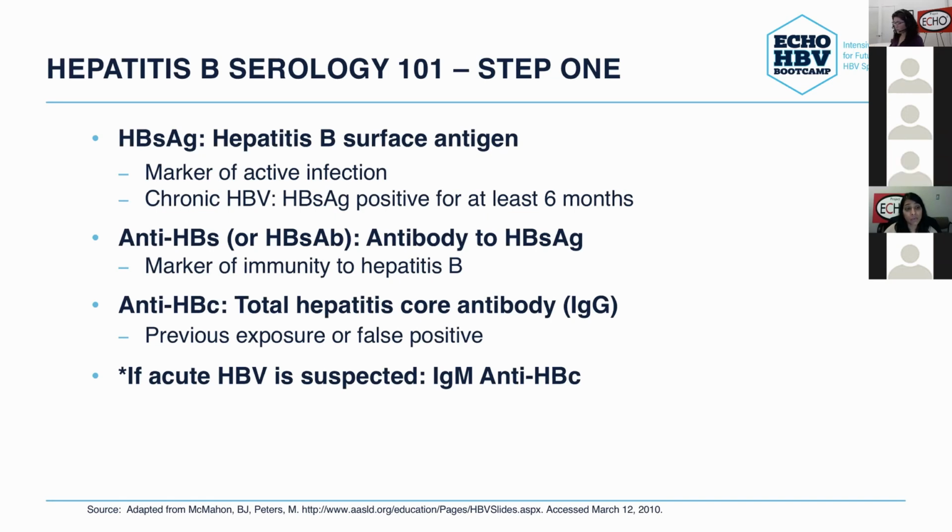Because of the immaturity of the immune system and the ability of this virus to integrate into the host genome in undeveloped immune systems, most people who acquire this as newborns, at birth, or even in early childhood go on to develop chronic Hep B infection, the vast majority, 90+%.